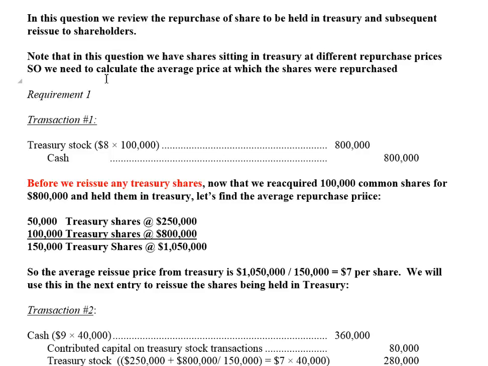So what we're going to need to do is calculate the average issue price at which the shares were repurchased by us as the company and held in Treasury. If we follow the requirements, they've given us 3 transactions. In the first transaction, we're buying back some common shares and holding them in Treasury.